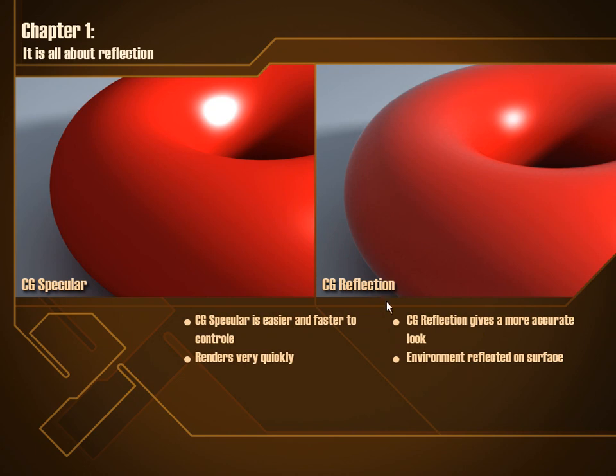This is mainly based on two things. One, that it's reflecting back our environment in there, and it's using the Fresnel fall-off to do it. By doing that, not only are we able to get our light source to look just like we would expect, but we're actually able to reflect our environment right along the edge here in a nice scattered manner, as well as this top here. And this is completely lacking here.